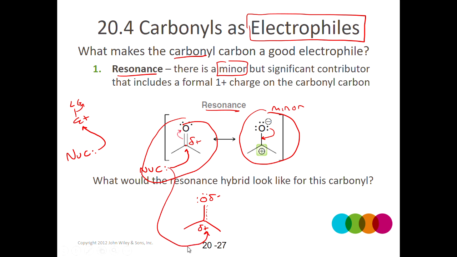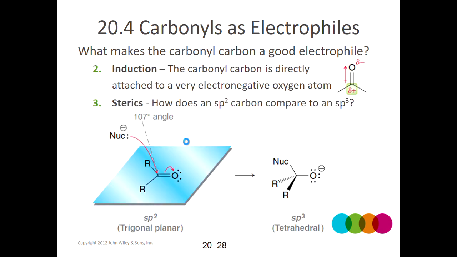And so that's the theme we're going to see moving forward with these reactions that carbonyl compounds undergo: often the first step will be a nucleophilic attack. The other reason why there's a partial positive here has to do with induction. Even if it wasn't for the resonance, oxygen is more electronegative than carbon, so the shared electrons should be pulled more in that direction, and that creates additional partial positive.